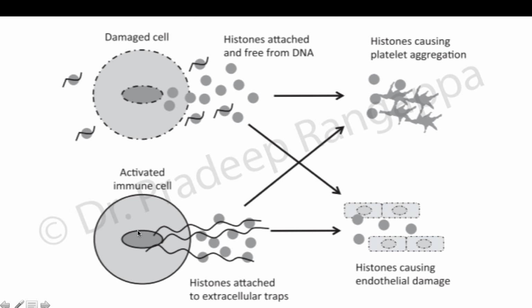So this is one of the mechanisms that is cited. And when you say there is an immunologically mediated thrombocytopenia, then these histones get attached to something called extracellular traps, and that leads to endothelial damage, which leads to cellular leakages and vascular leakage. So these are some of the newer proposed mechanisms for thrombocytopenia.